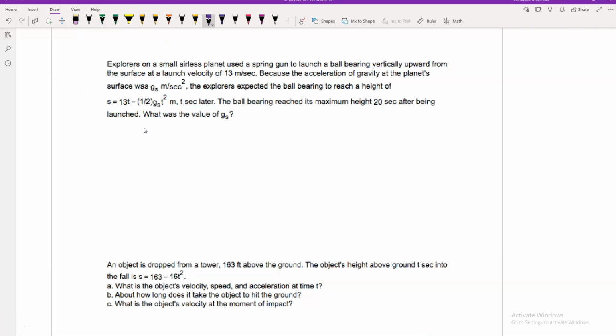Explorers on a small airless planet use a spring gun to launch a ball bearing vertically upward from the surface at a launch velocity of 13 meters per second.